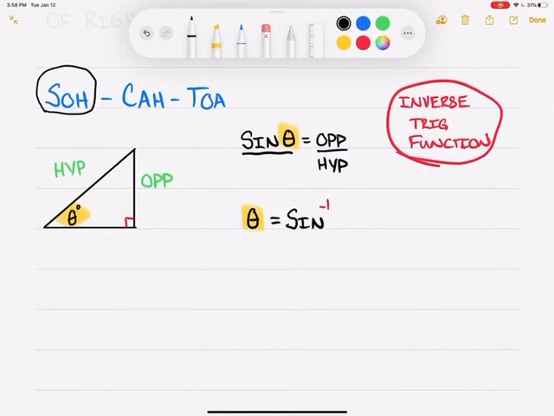And you're going to take the inverse sine of this fraction. And the fraction goes in parentheses, opposite over hypotenuse. From here, it's just a calculator problem, which I'll show you once we get into the examples. The key thing here, guys, is we have to use an inverse trig function. But it's all buttons on a calculator, so don't get too hyped up about it.